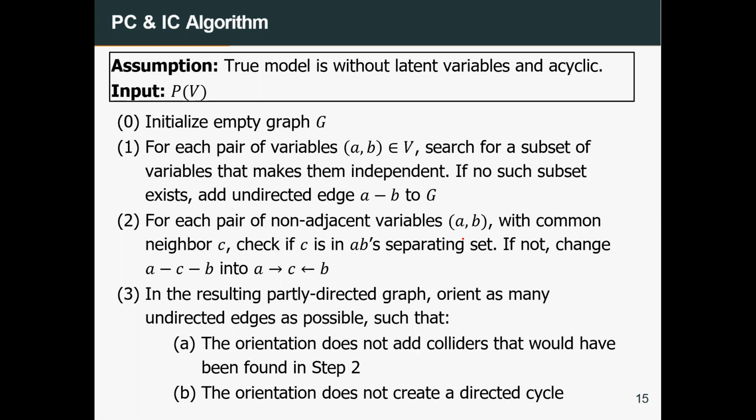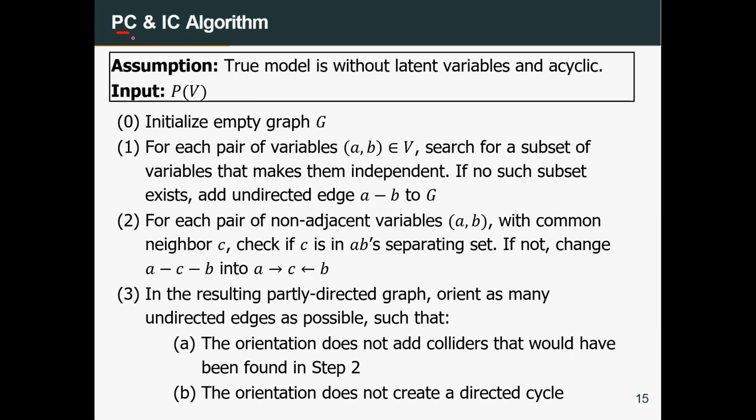Just a second, Andrew. Is this the algorithm by Verma and Pearl? Pearl and Verma? I think PC was Peter and... no, this is IC. There is IC and PC, right?